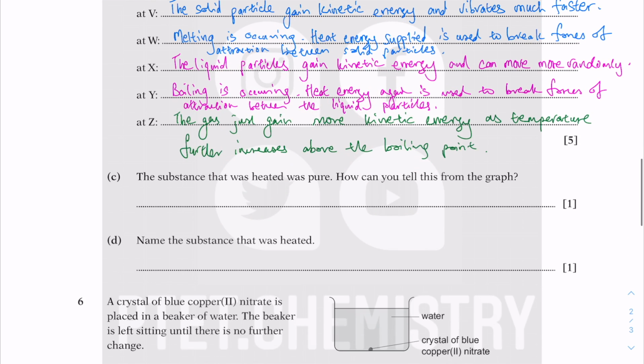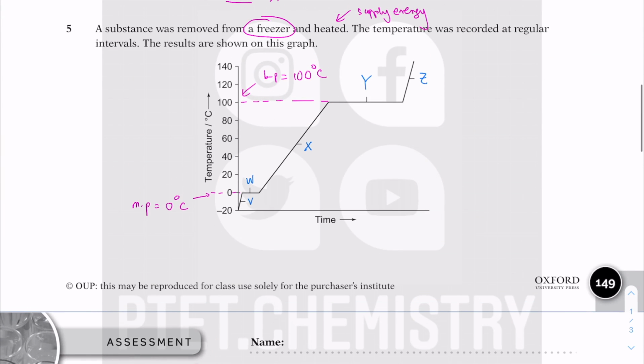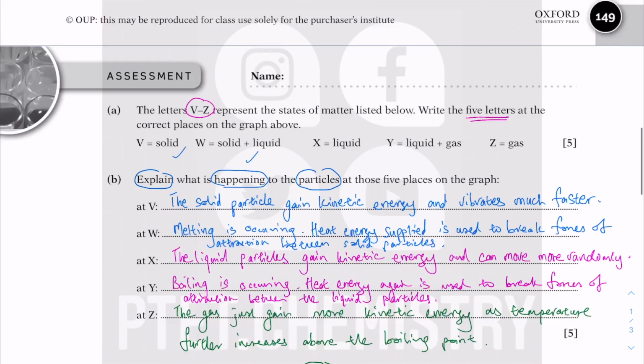So the substance that was heated was pure. So a pure substance would have a fixed melting point, it will have a fixed boiling point. So we say a pure substance will have a fixed value for the boiling and also melting point. This is a fixed value because it's not a curve or a slope, but one straight line. This is the melting point, it's just 0 degrees Celsius. This is a fixed boiling point, it's 100 degrees Celsius.